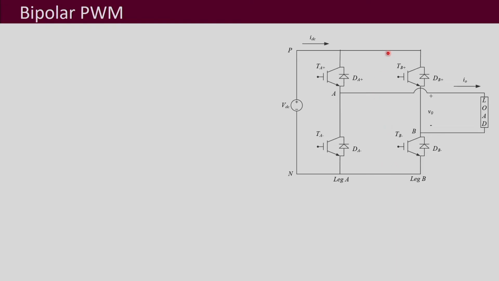So, in bipolar PWM what happens is that it uses only the two switching combinations. That means these two devices TA plus and TB minus, the diagonal switches, these two are operated together. They are always turned on and turned off together. And the other two diagonal devices TA minus and TB plus are also operated together and always turned on and off together.